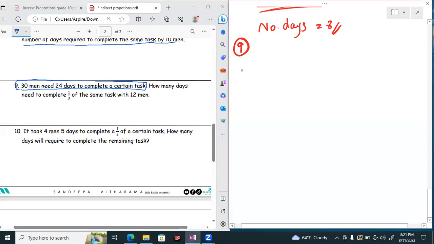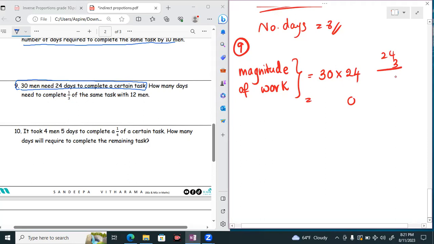That means you can find the magnitude of work. Magnitude of the work can be obtained, then 30 times 24. Answer is 720 man days.